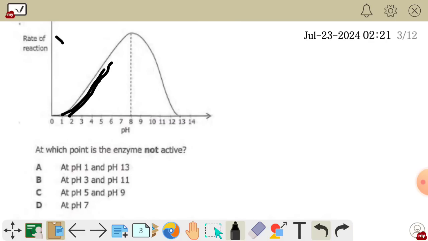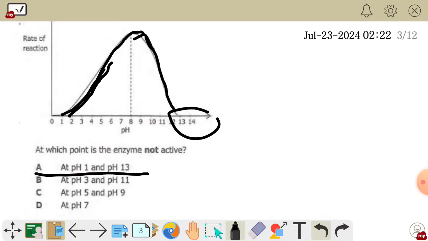The rate of reaction is increasing, and when it reaches the optimum pH, it starts coming down until it reaches 13, where the reaction is now 0. So the point at which the enzyme is not active is pH 1 and 13.